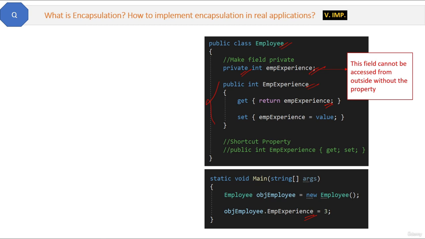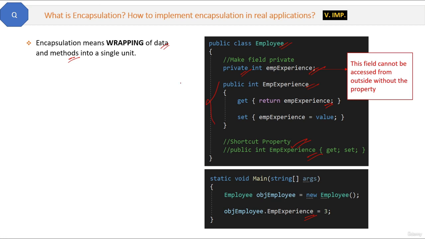Also nowadays we use this shortcut way of writing the property, but this is just a shortcut. Internally this property is also using the field only. So the definition is: encapsulation means wrapping of data and methods into a single unit. Why did I include properties here? Because properties are nothing else but special kinds of methods.